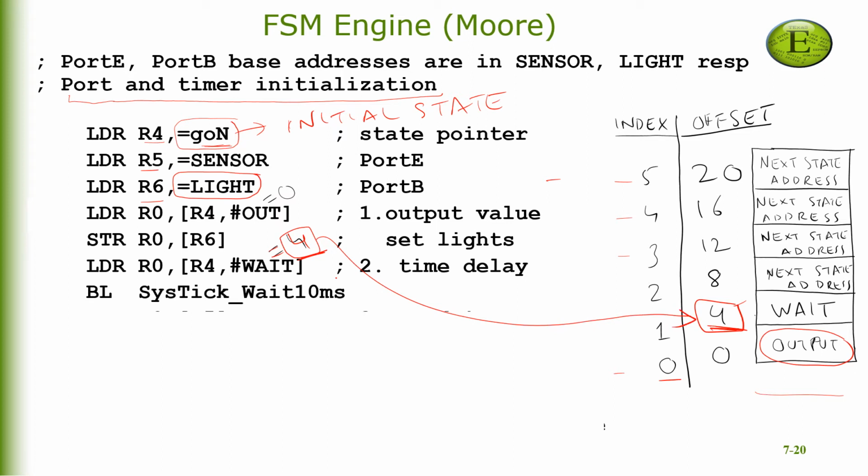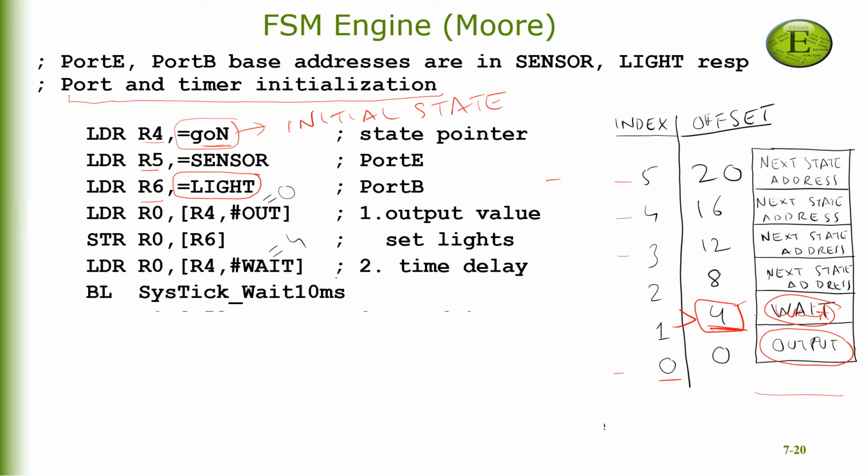We're going to add 4 to the base address of the GoN, which is stored in R4. And we go there, and by the way, this wait is different. This is the wait information, and we are going to store this in R0. So R0 now contains the information of the delay, how much delay that we want our microprocessor to produce.